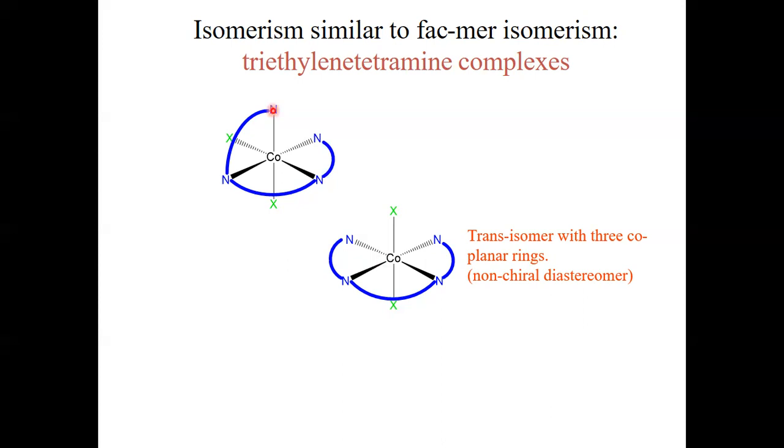That then forces the 2 remaining monodentate ligands here into these positions here. They are no longer trans, but they are now in cis position relative to each other. So now when you analyze the symmetry of this molecule, is this molecule still non-chiral or is it chiral?